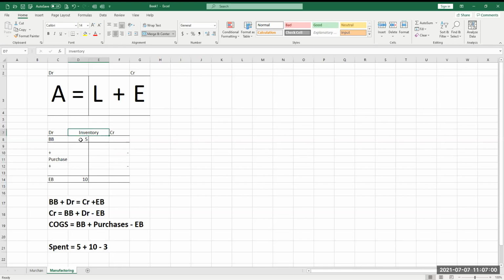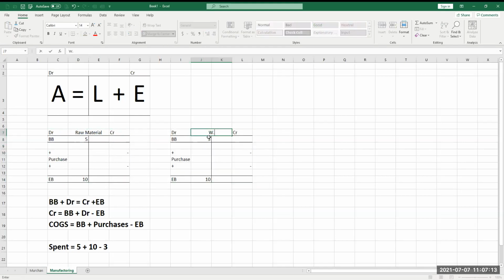First will be raw material. We're going to copy this and put it here, and that will be work in process. Correct. And the last one will be finished goods.